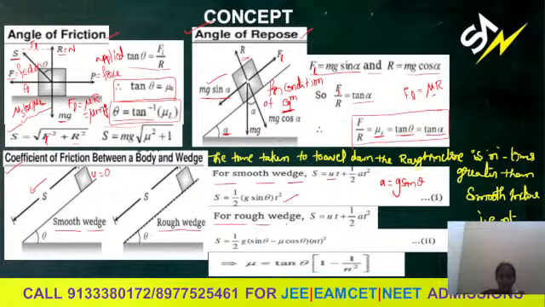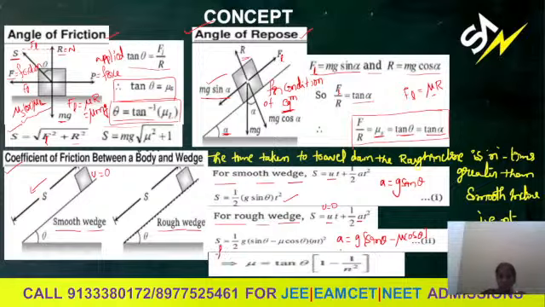Next, for the rough wedge, friction comes into play. On the rough incline moving down, we have proved that acceleration is g into sin theta minus mu cos theta. With u equal to 0, s equals half a t square, where a is g into sin theta minus mu cos theta.